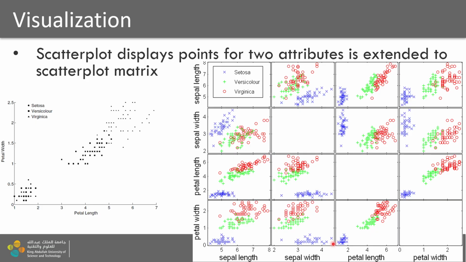And here, for example, petal length versus petal width, we see some kind of clear linear relationship between these two attributes, and we can see something similar also going on here. So the scatter plots are allowing us to understand not only the relationship between two attributes, but between all of those attributes.